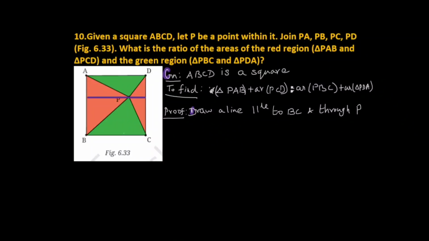Through the point P, we are drawing a line. Let EF be the line. So, name the line as EF.